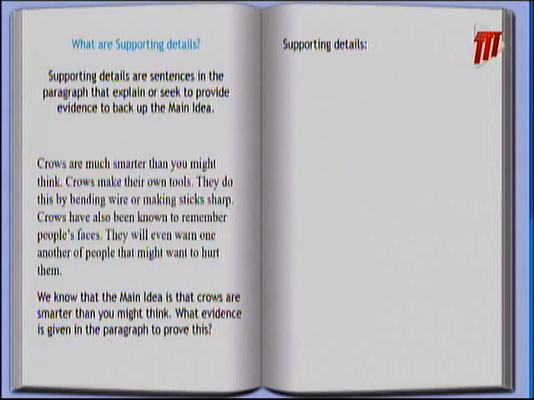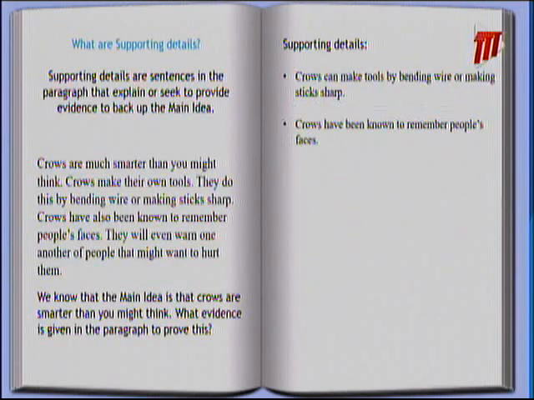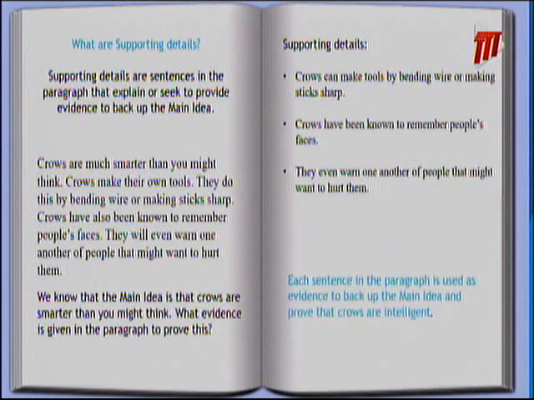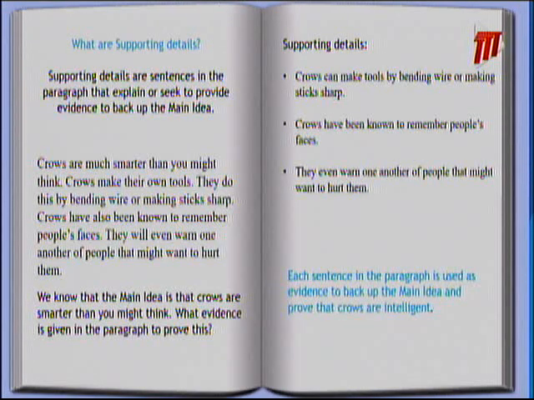So they are warning their friends as to what the issues are. So let's see if we got all of them so far. Good, supporting details: crows can make tools, good. They can remember faces, good. And they warn one another, so nice. Every sentence in that particular paragraph backed up the main idea with the evidence that the author had to prove it. So good, we're going good so far.